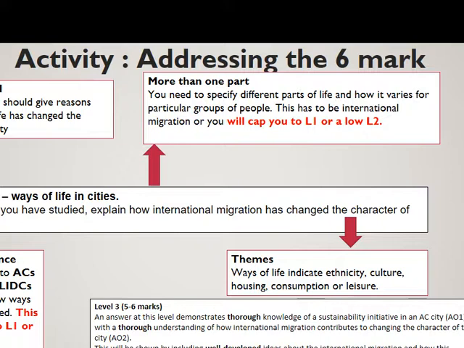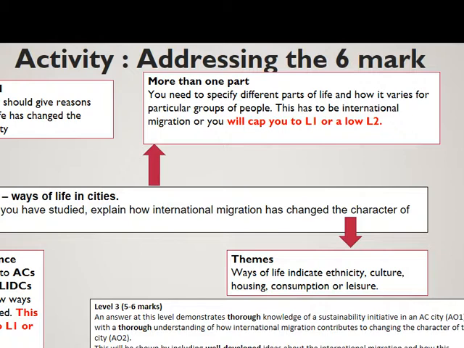You must give different areas that have migrated to Birmingham to be able to speak about its influences on the culture of that city. Explain gives reasons why or how, and how life has changed, and how it's changed the character of the city.